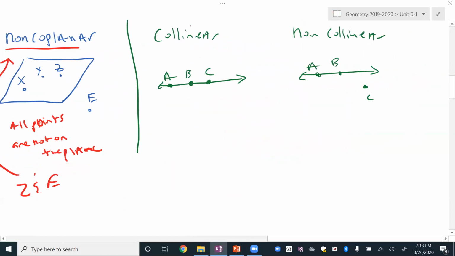Now, collinear and non-collinear. The way I describe this one is that if you're in the lunch line and all your friends are in the same line, you're collinear, and that's fair, okay? So you have A and B, and then you have C. Are they collinear? Yes, they are, all on the same line.